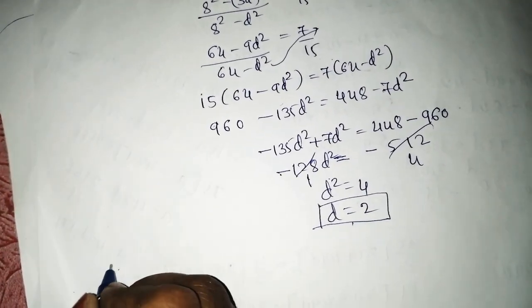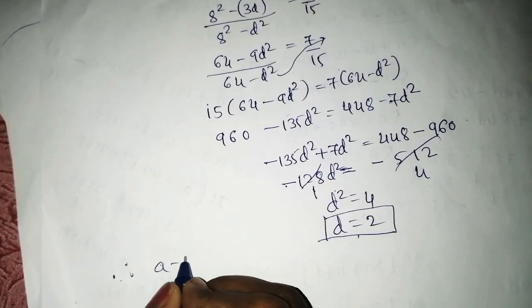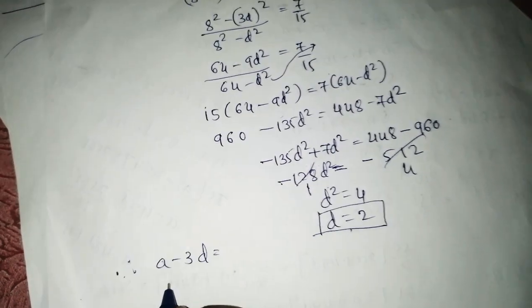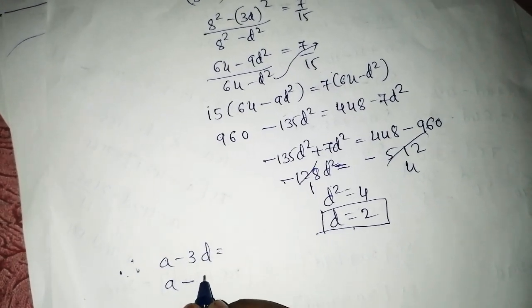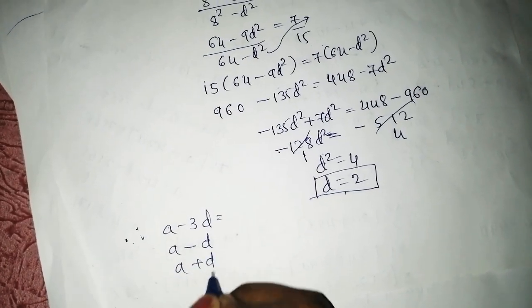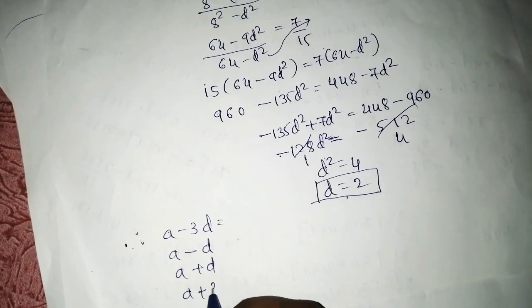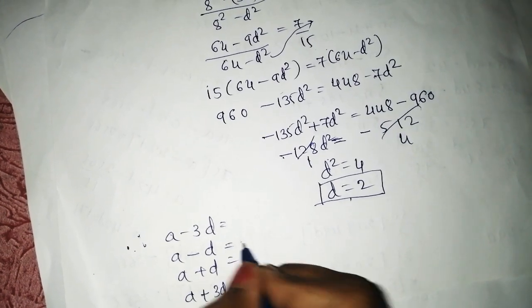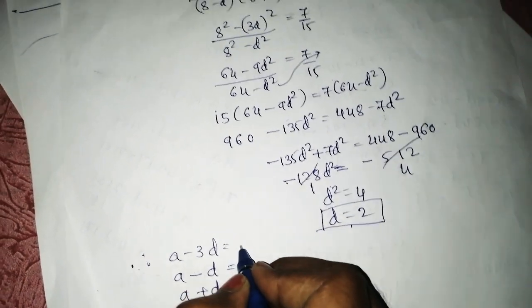So I have taken those four terms as a minus 3d, a minus d, a plus d, and the fourth term is a plus 3d. So you need to find out these terms by putting the value of a and d.